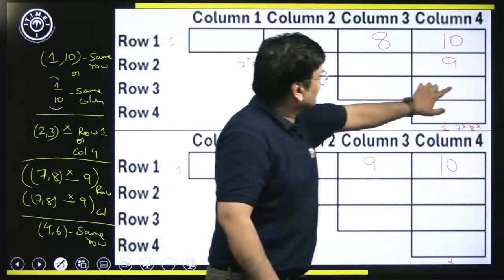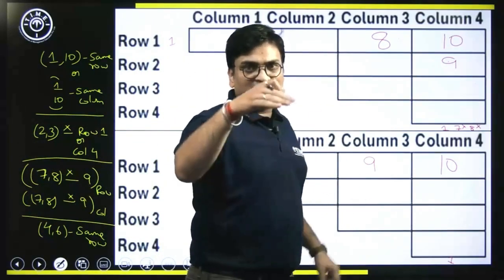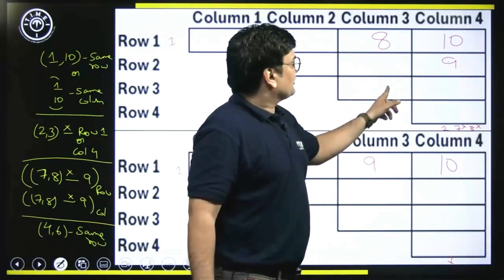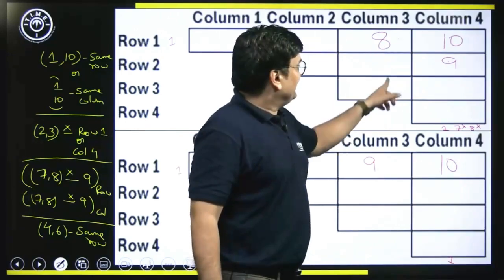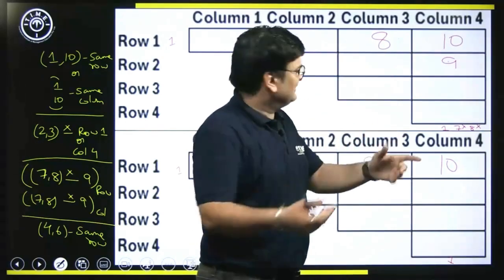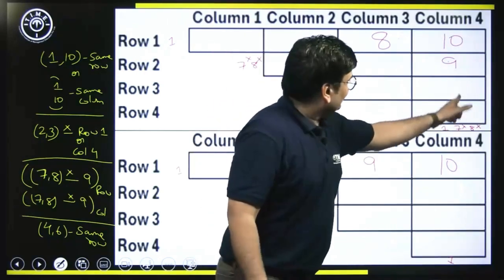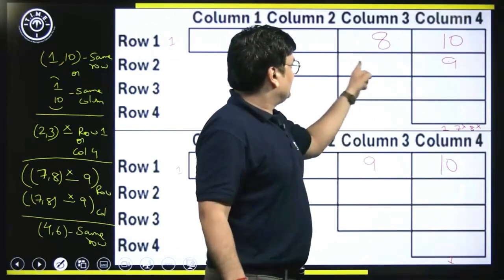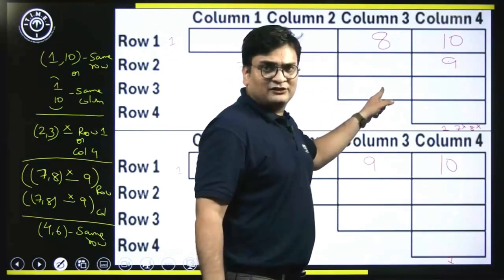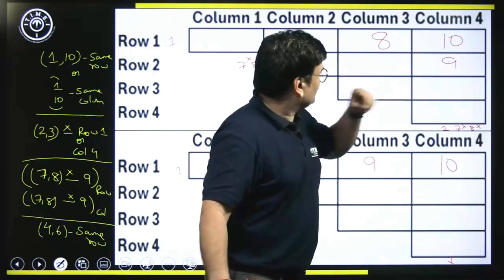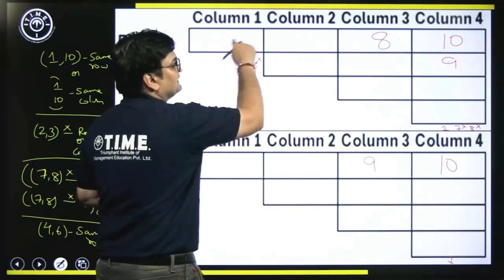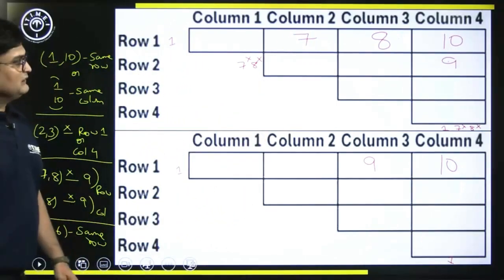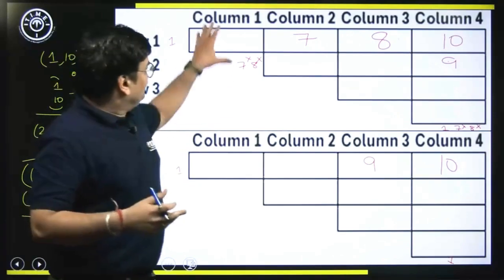Now again 7 can come either here only or here only, 7 cannot come anywhere else. 7 cannot come here, because if 7 comes here, between 8 and 7 I want a number to place in between them, not possible. So these cells are gone on account of the logic shared. So that means 7 can only come either here or here. So now I can place 7 here only. So we are done with the largest 4 numbers in the first case.